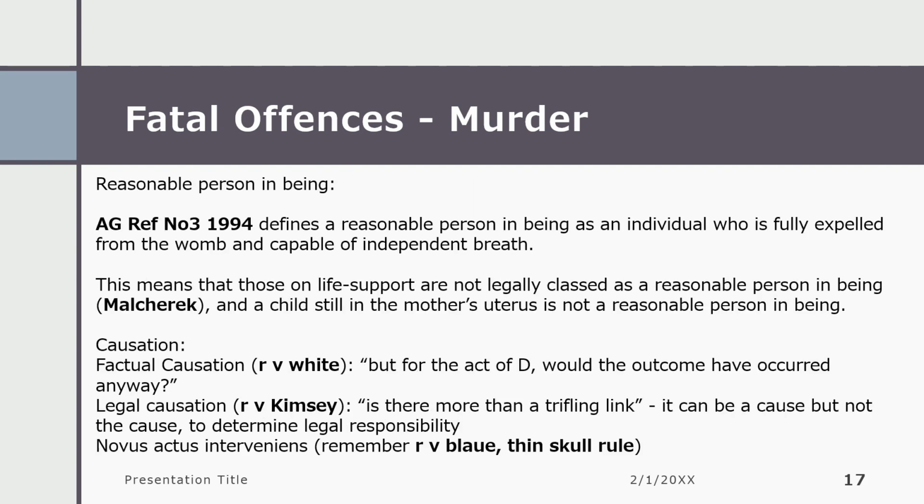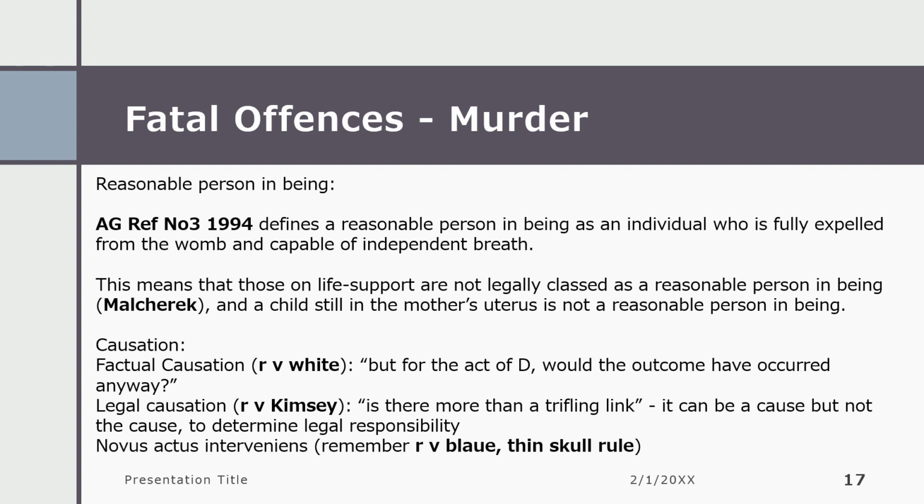So for somebody to be a reasonable person in being, this is defined by the Attorney General's Reference number 3 of 1994, which defines a reasonable person in being as an individual who is fully expelled from the womb and capable of independent breath. So technically speaking, a baby that's half born and then gets murdered is technically not a reasonable person in being, because they are not capable of independent breath, because they are still using the umbilical cord, and they have not been fully expelled from the womb.